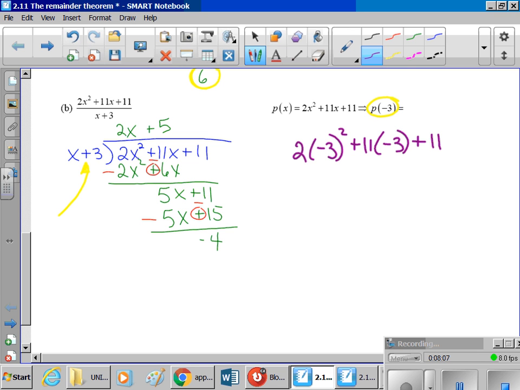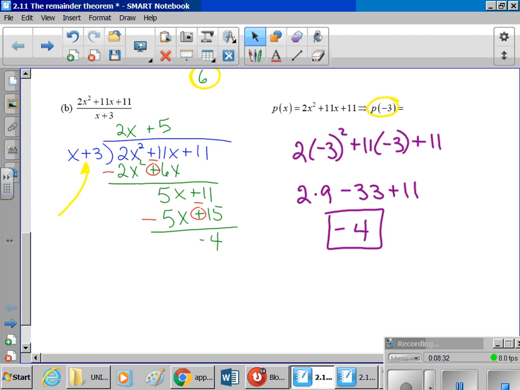And if you do that whole thing in your calculator, you get 2 times 9 minus 33 plus 11, which is equal to negative 4. Please don't just assume it. Make sure you're checking it in your calculator. Okay, finish up writing things down, and I'll meet you at exercise 3.